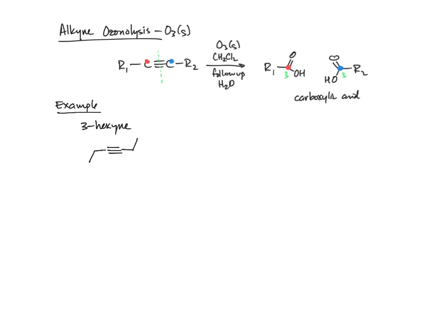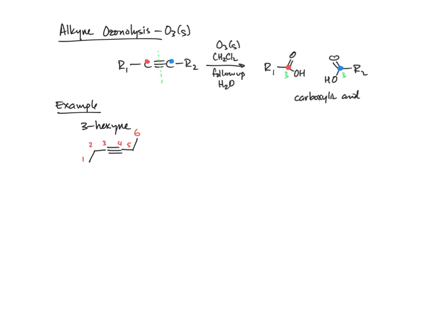Now I've drawn 6. Let's just throw some numbers in there. 1, 2, 3, 4, 5, 6. So you can see this is a symmetric internal alkyne. So 3 and 4 participate in the triple bond. 2 and 5 are the same. 6 and 1 are the same.